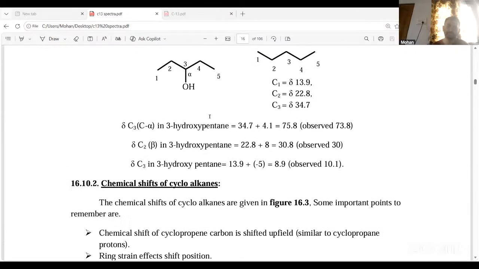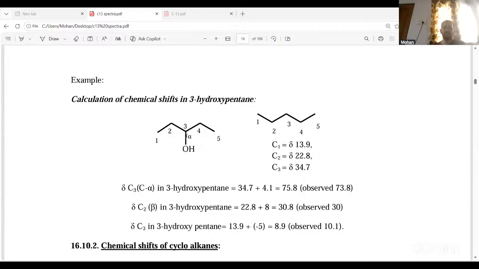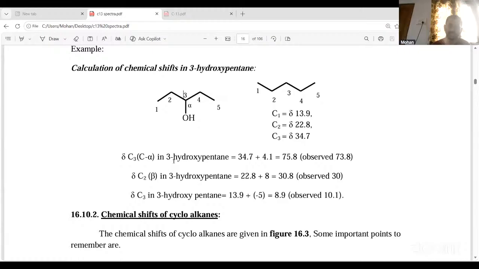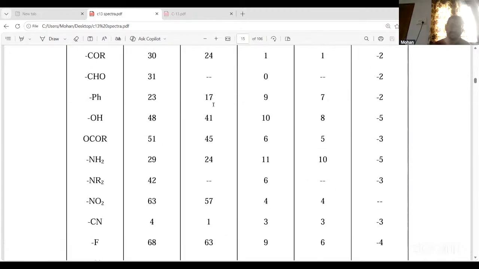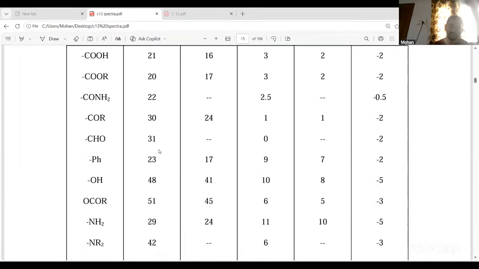Okay, now we'll see this particular alcohol, where this alcohol group, the hydroxy group, is attached to the alpha internal carbon, right? So then the value is taken, for example, C3, C alpha in 3-hydroxy pentane here. So C3 alpha, how much it is, you can see. Alpha hydroxy, where is that hydroxy? Yeah, this one.